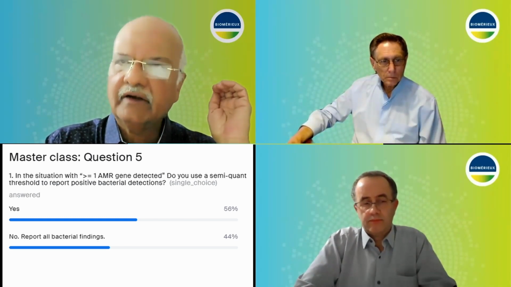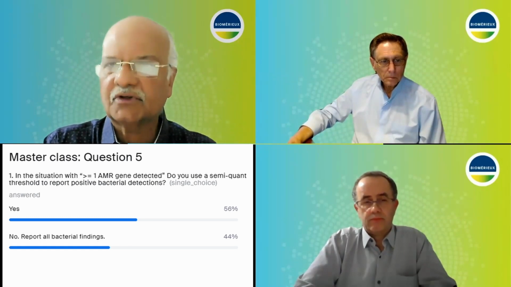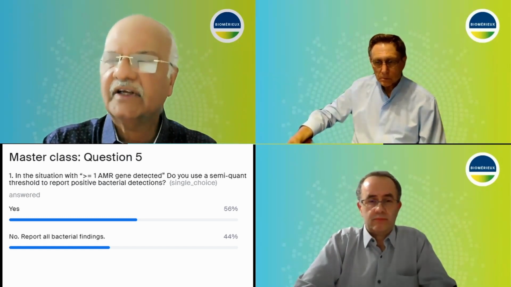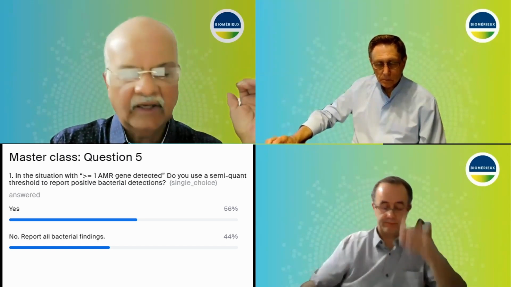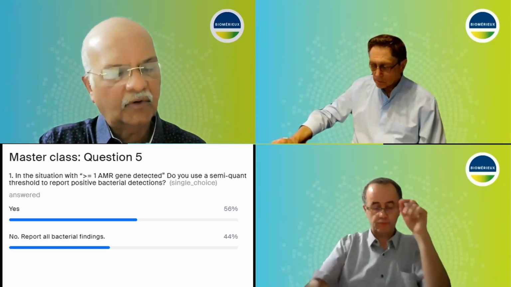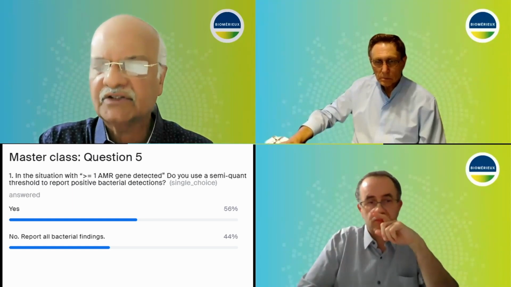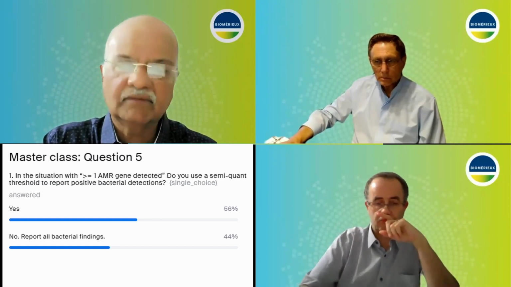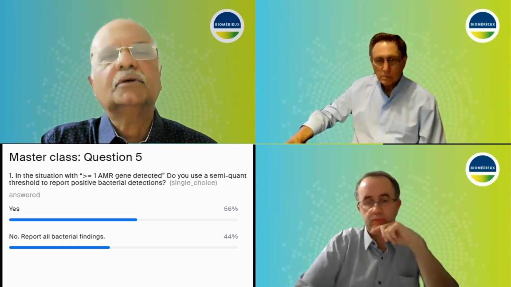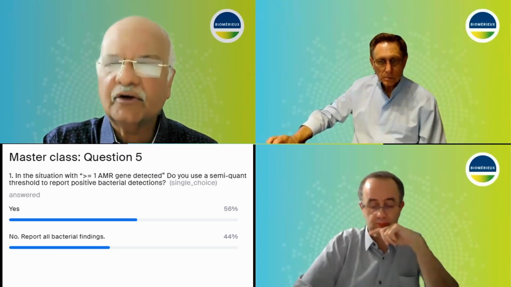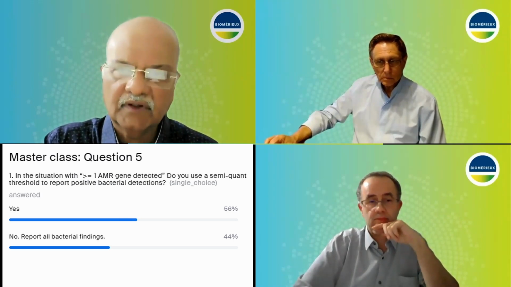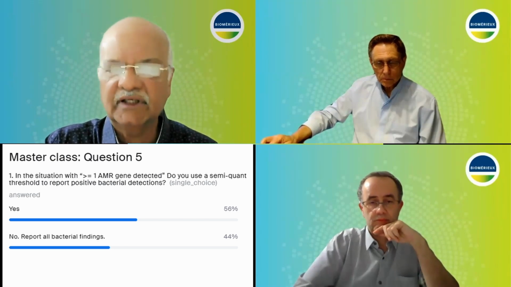And there are so many other complex issues of testing the bug as well as fashioning appropriate treatment, having proper breakpoints and clinical relevance of those MICs, all are complex issues. So I think for Stenotrophomonas, it's going to be quite a difficult challenge using any of these tests. Thanks.